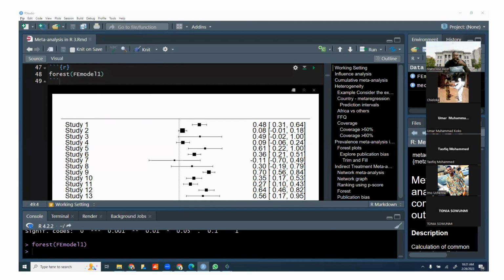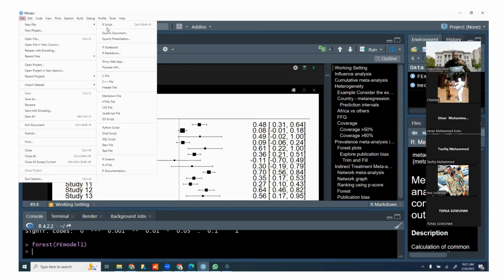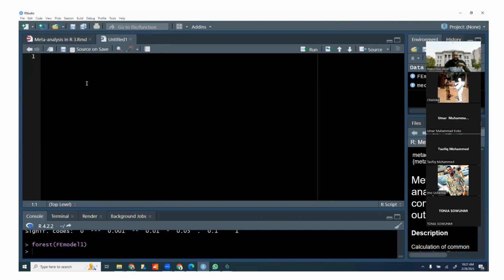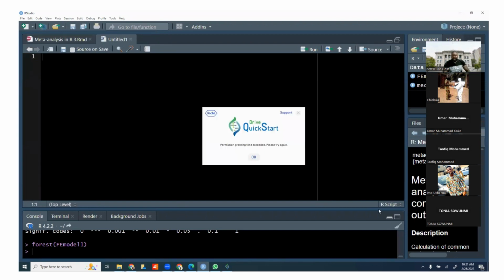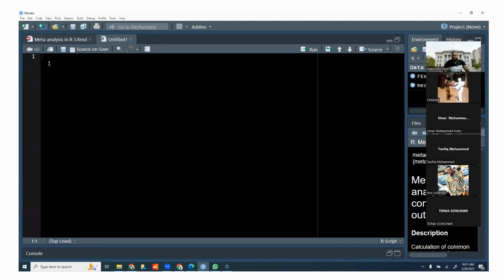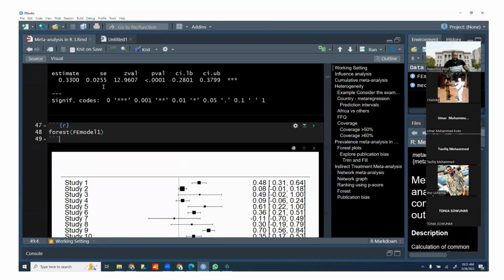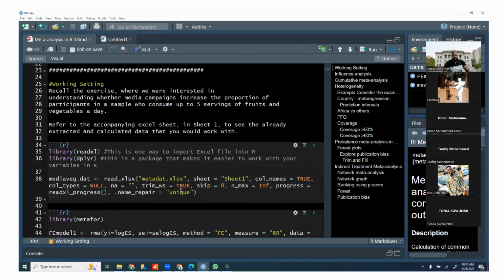So there's a number of different kinds of R files that you will see when you open New File. There's R scripts, there is R Markdown. I'm just going to go through very quickly what it would look like if you have R Markdown and R script. If you have R script, it will open as a blank page that looks like this, and you will write your code. So say if I were to write this code to import, let's say this library, just that.